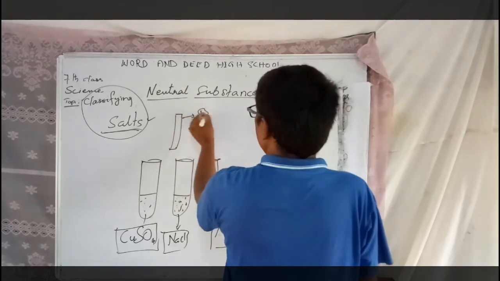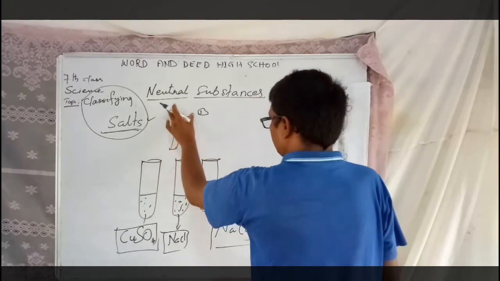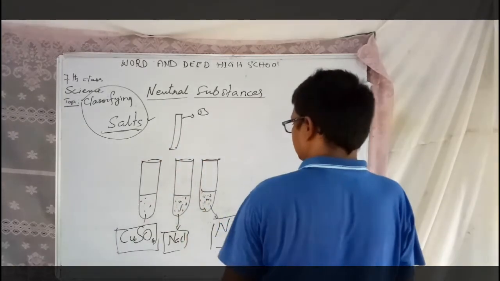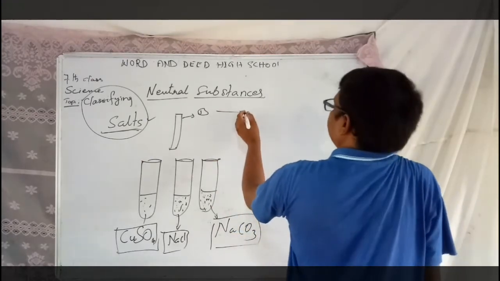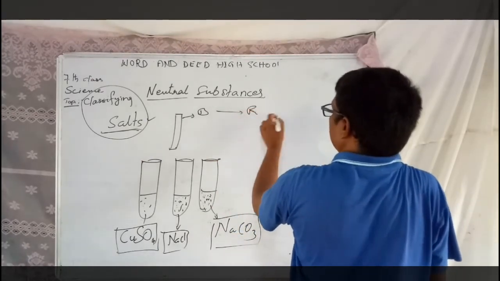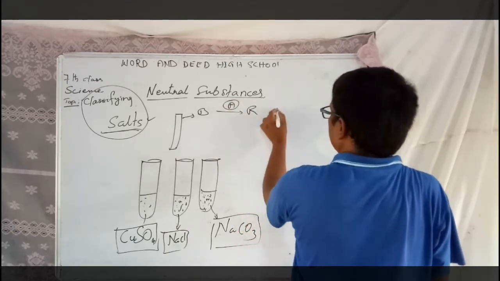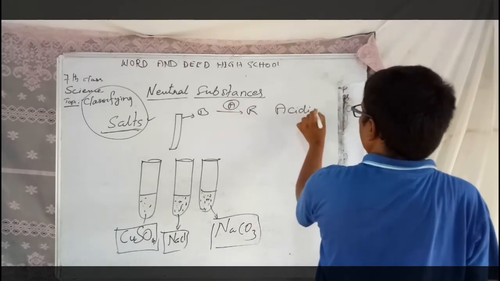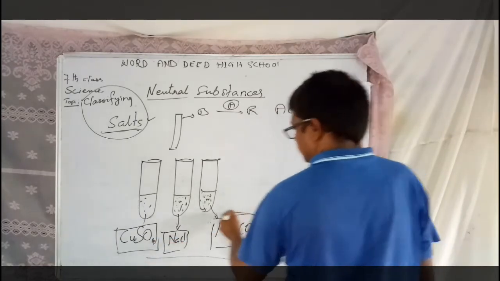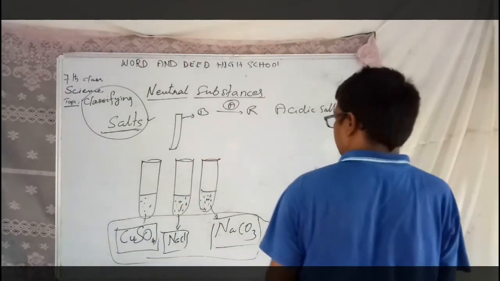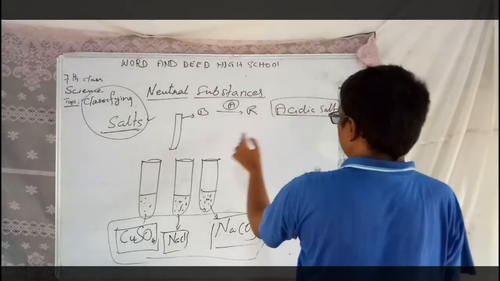What is this? Blue litmus paper. If you dip this blue litmus paper in any one of these three substances, if blue litmus paper changes its color into red, you have to understand that it is an acidic salt. These are the salts that I taught you before, right? If blue litmus paper turns red, that is acidic salt.